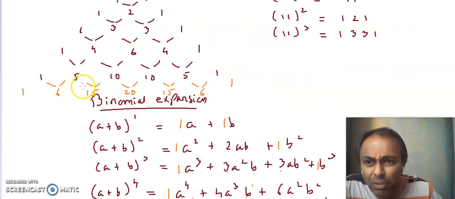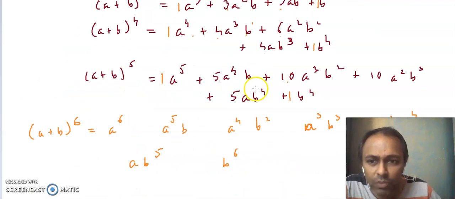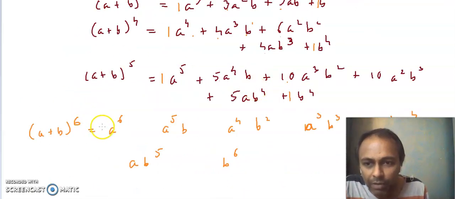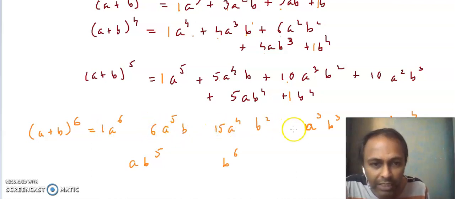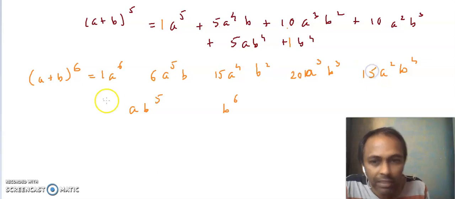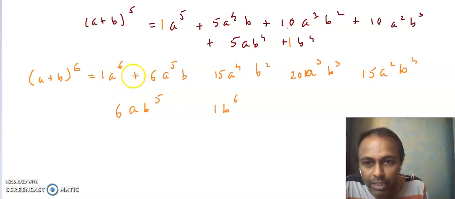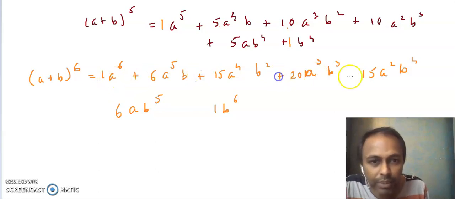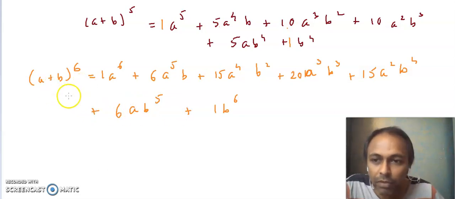And the coefficients are 1, 6, 15, 20, 15, 6, 1. So it becomes 1, then 6, then 15, then 20, then 15 again, then 6, and then 1. And you can put the signs as plus in between. So this becomes the binomial expansion of (A plus B) the whole raised to 6.